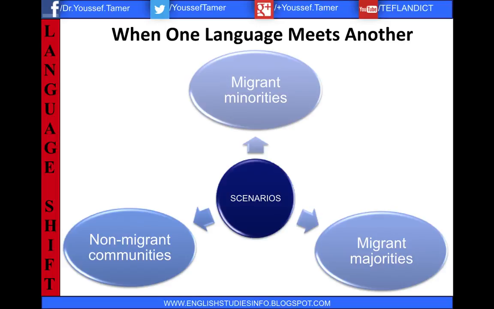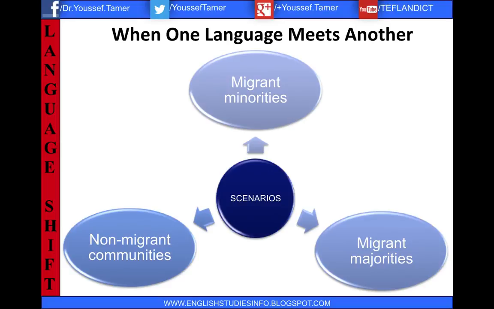Another one could be colonization, okay? When we have a group of people coming to colonize another group of people. And the other scenario we can have is the one referred to here as non-migrant communities like ours, for example, where we have different ethnic backgrounds like Amazigh and then the Arabs. So we are having this kind of language contact as well.